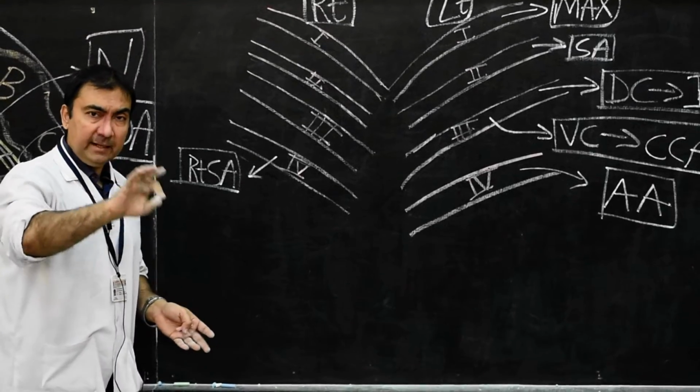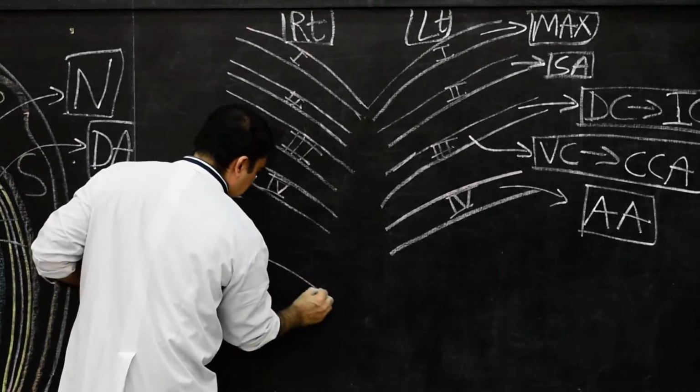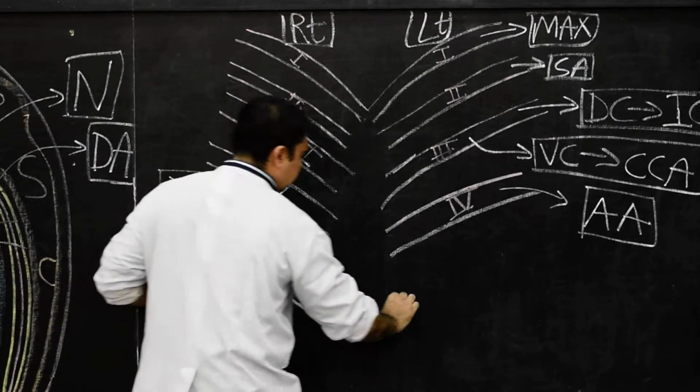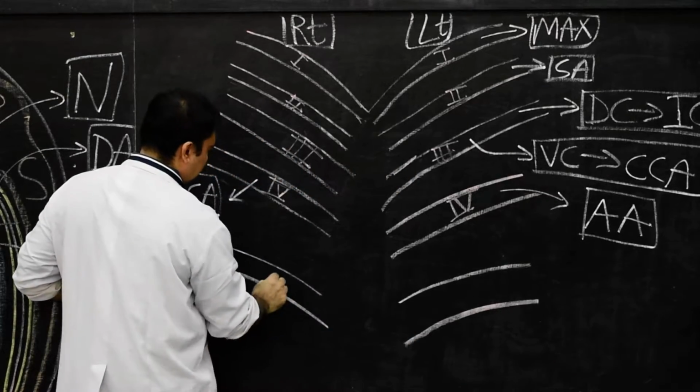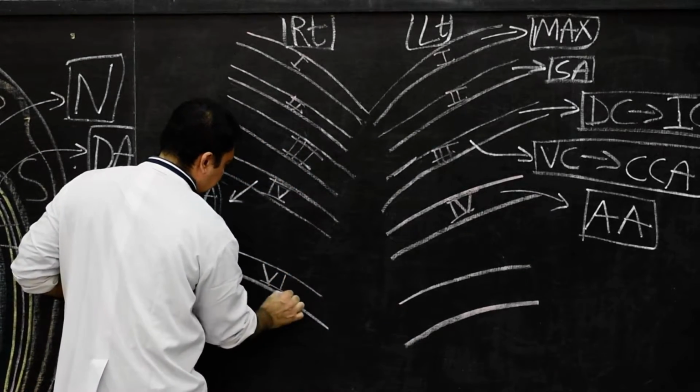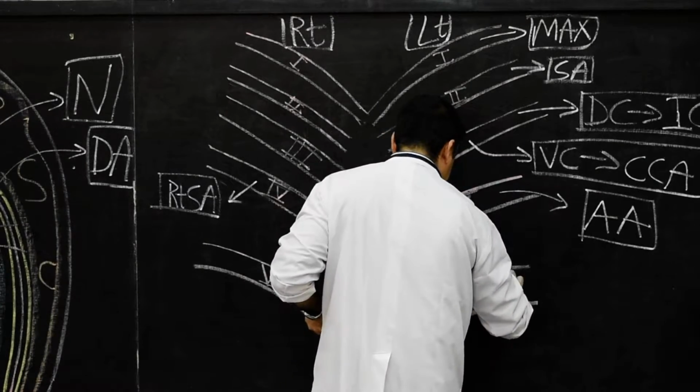So therefore, we directly consider the sixth. In the sixth, please draw it. This is the sixth arterial arch. So here I will write it as the sixth one, and here I will mention it as the sixth one.